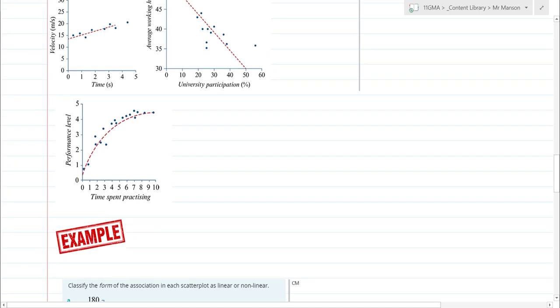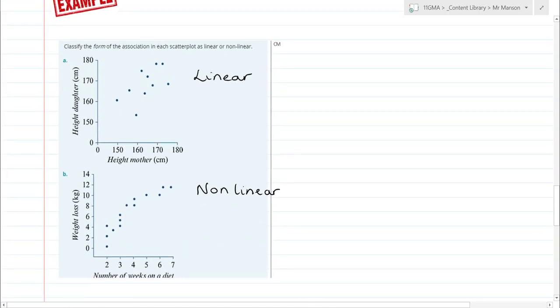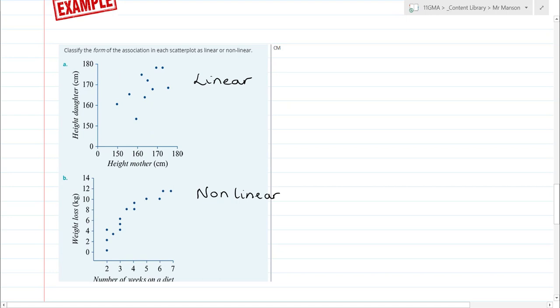And the third thing is the strength. Well, actually, let's talk about the form of these 2 examples. There you go. You can see 2 examples there. So this first one, I would be happy to argue that that is linear, and it goes through the scattering of points, but it's very weak. So again, you could put forward the argument that there's not really an association there, but there does seem to be a bit more of a bunch down there and a bit more of a bunch down there.